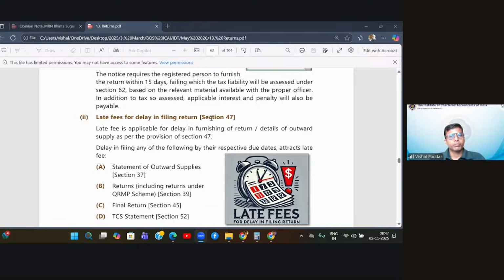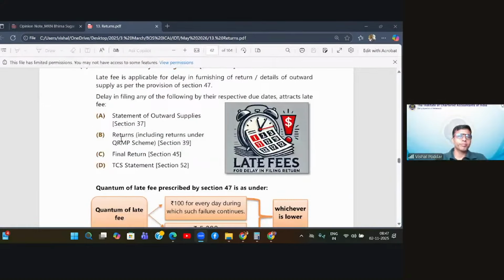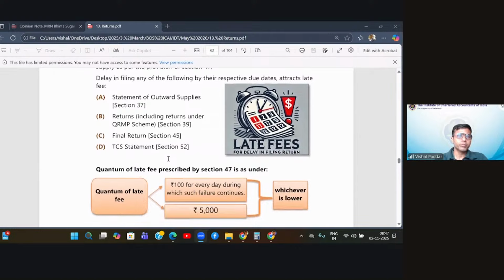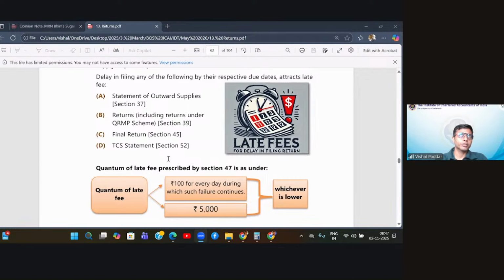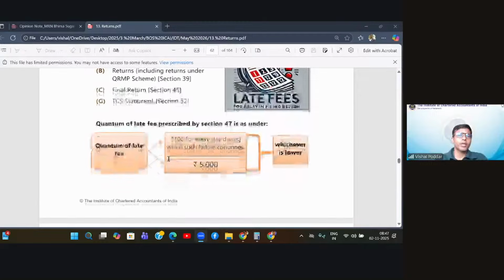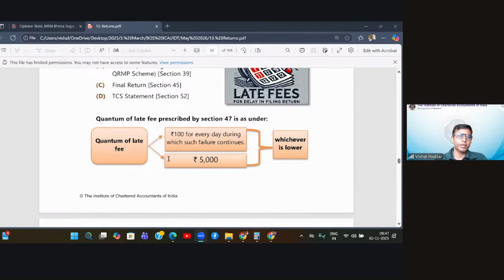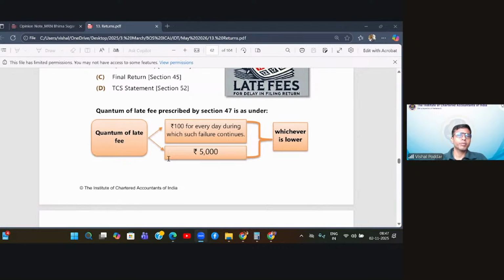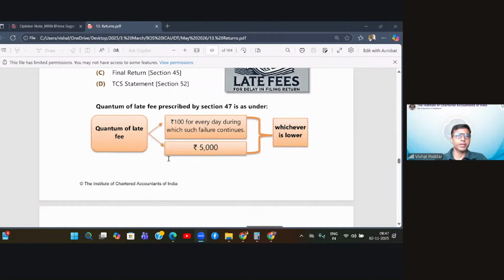So, late fees is applicable for furnishing returns and outward supplies beyond the respective due dates. Now, we all know what these returns are. Till now we have studied the outward return, your final return, your returns under the various QRMP schemes, etc. And you have the TCS statement. Interestingly, nothing is written for TDS because that is to be done by the government itself.